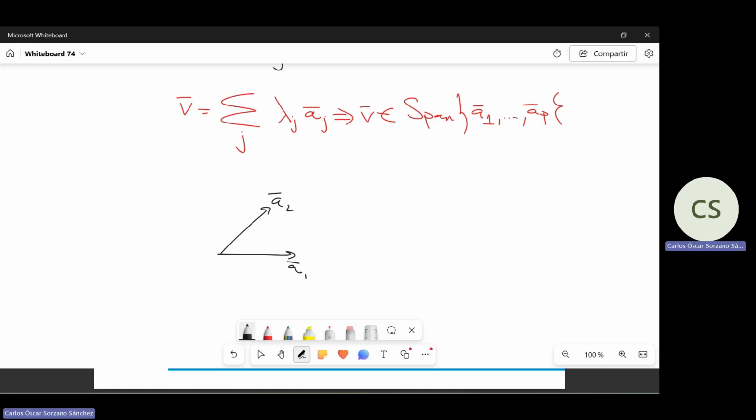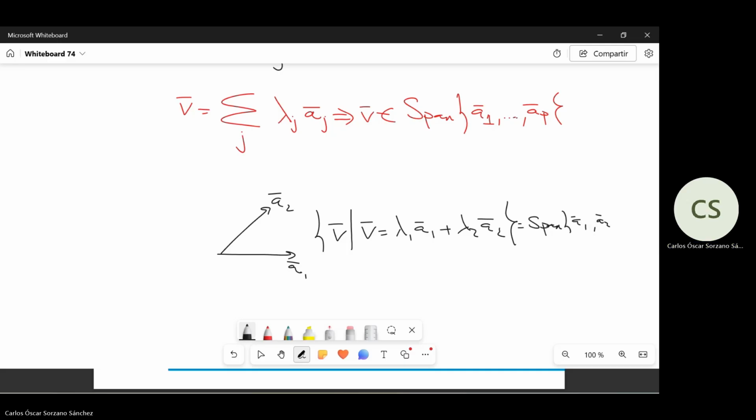It is any vector such that v can be expressed as some coefficient lambda 1 times A1 plus lambda 2 times A2. This is the space spanned by A1 and A2. So any vector that can be expressed as a linear combination of these two belongs to that space.